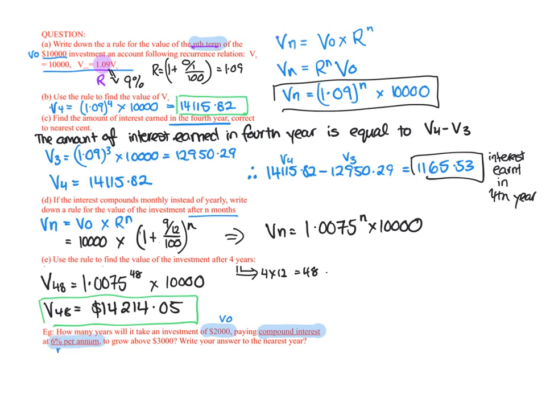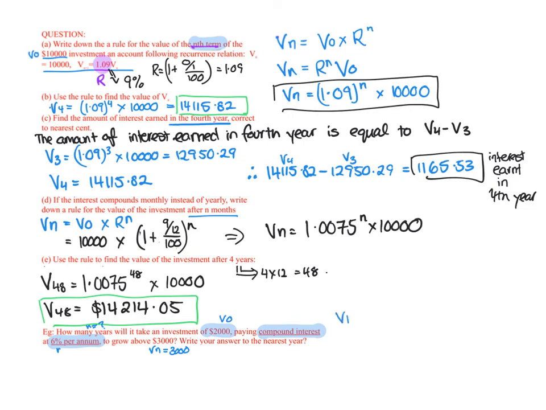What you're saying is you want Vn to equal 3,000, and they want how many years? So n is actually the question. Write your answer to the nearest year. You could use your calculator, or you could use the Vn formula. Let's use the Vn formula.